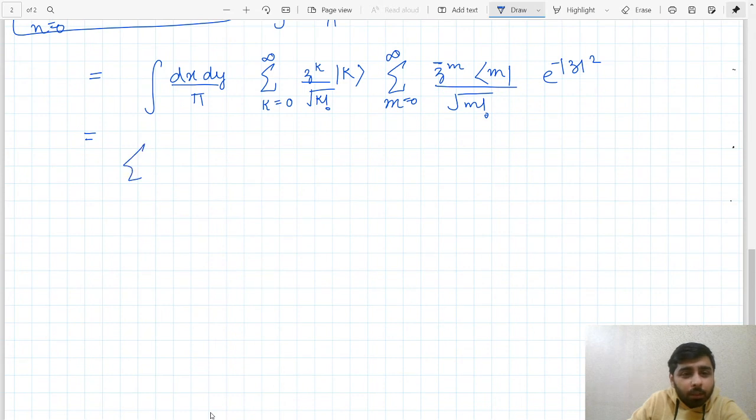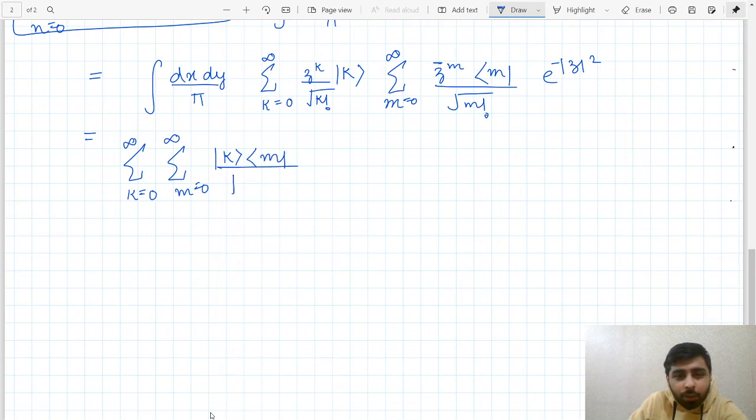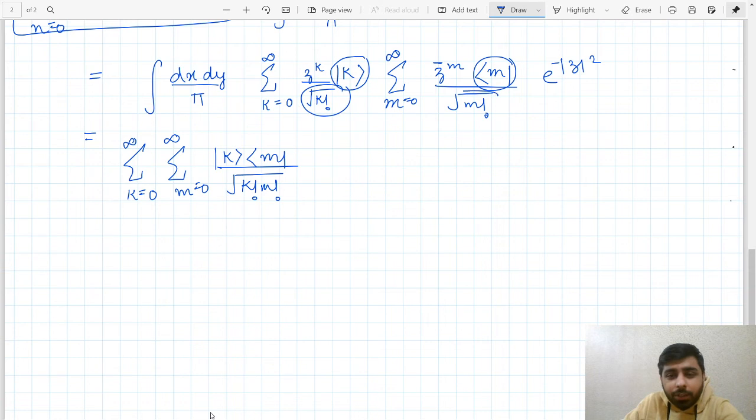So k equals 0 to infinity, m equals 0 to infinity, so this is ket k, bra m upon square root of k factorial m factorial, and okay, I hope I haven't missed anything.